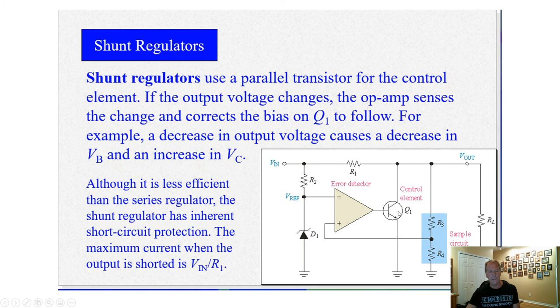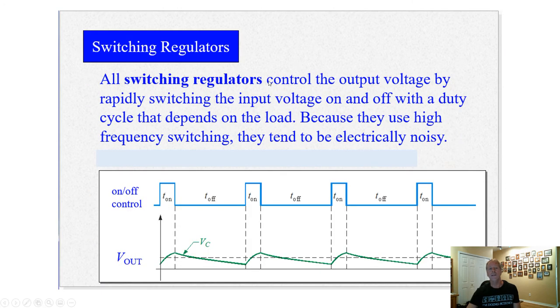The only advantage is it does have inherent short circuit protection. Because if you do short this output, obviously there's nothing left to work with, and all that voltage is dropped across the R1 here. But we don't use shunt regulators very much. You don't see them. You do see series regulators and these switching regulators.